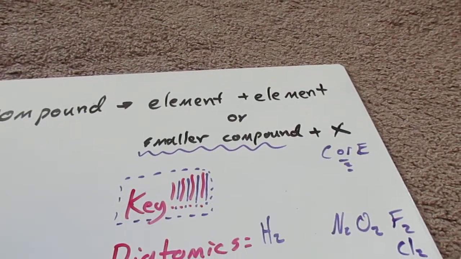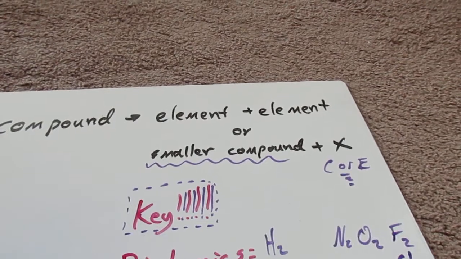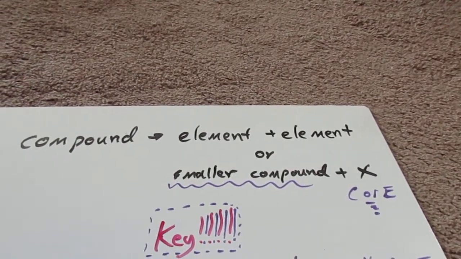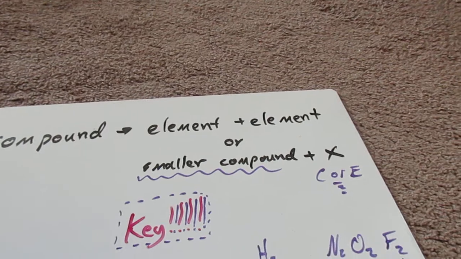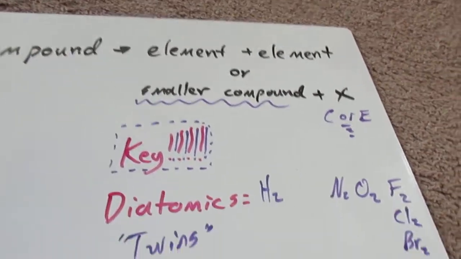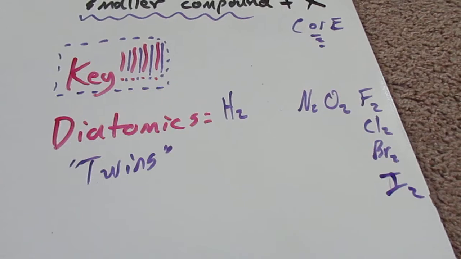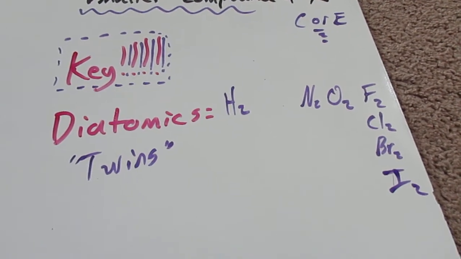Bromine. And one more. Iodine. Very good, my wife. That was completely unassisted. Very, very good. So these are the 7.